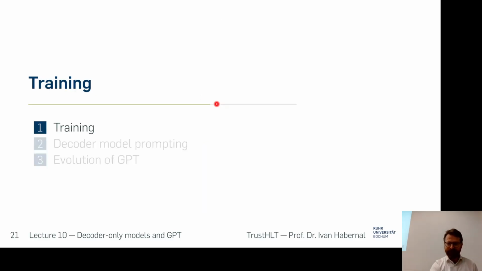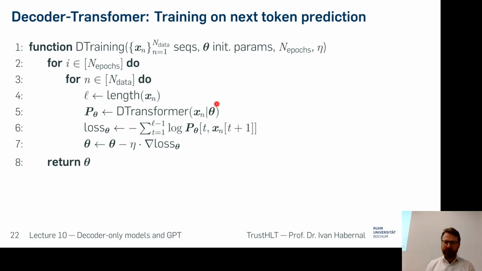Training. So this looks to me like stochastic gradient descent, right? Is this stochastic gradient descent?